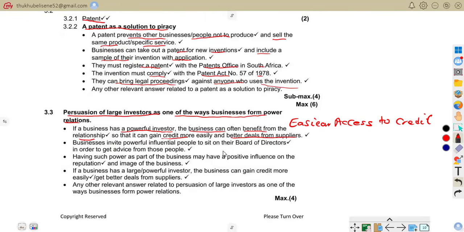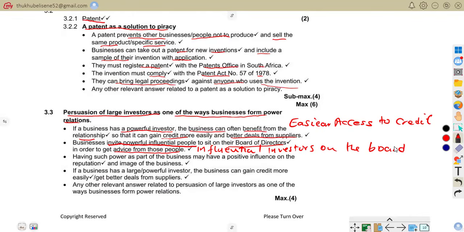It further says businesses invite powerful, influential people to sit on the board of directors in order to get advice from those people. Here we are talking about influential investors on the board.